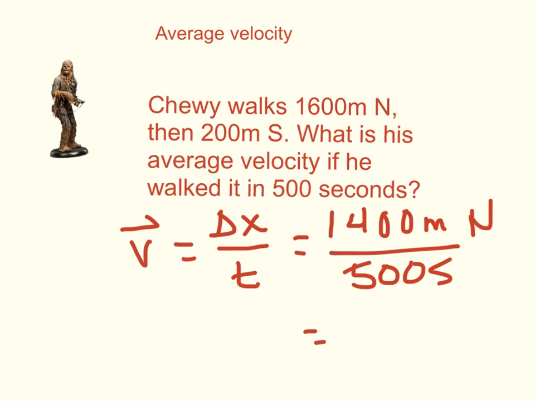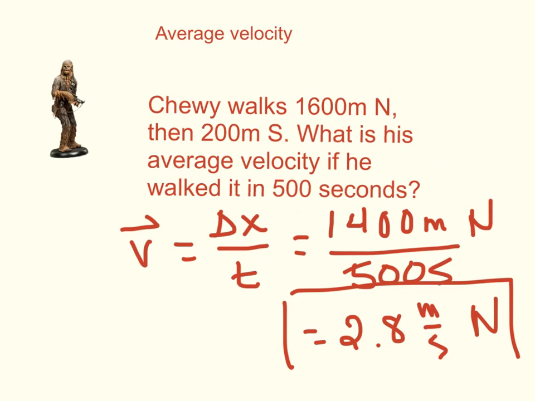If we put that into the calculator, 1,400 divided by 500, we get 2.8. Now we take a look at the units. Nothing cancels out, we have meters per second, and then we tag a north on there, the direction. So he walked 2.8 meters per second to the north is his total velocity.